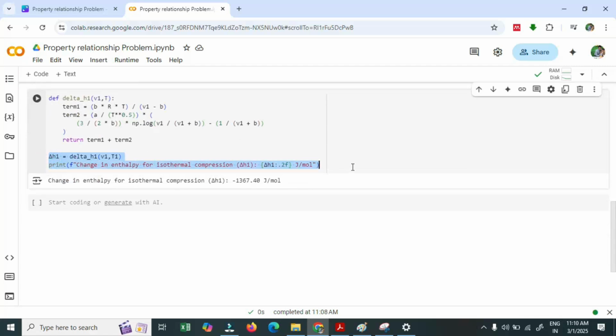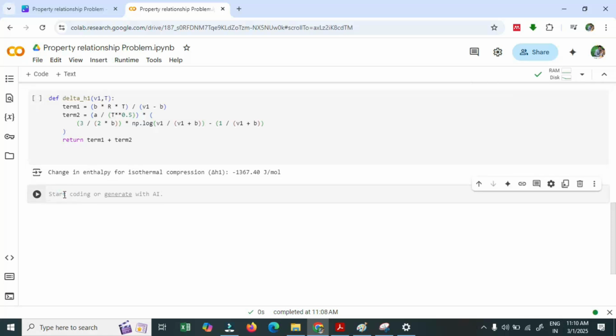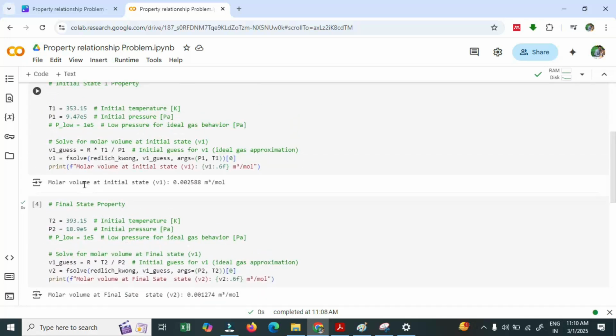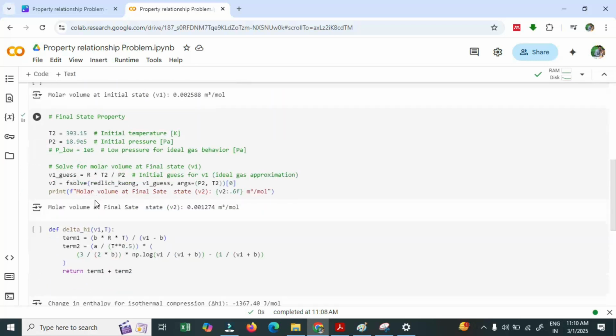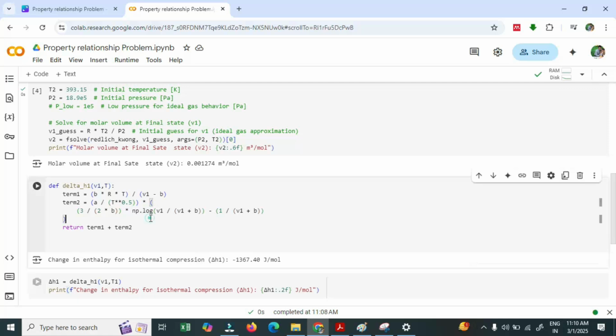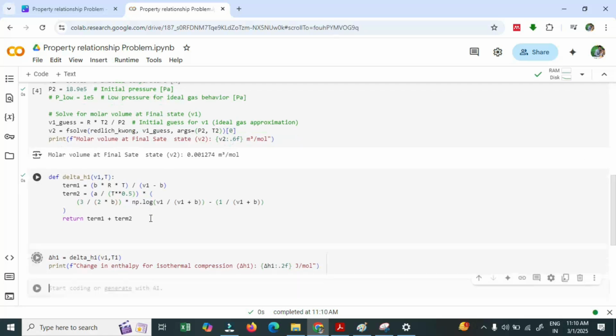The delH1 will be my 1367.40 joule per mole.